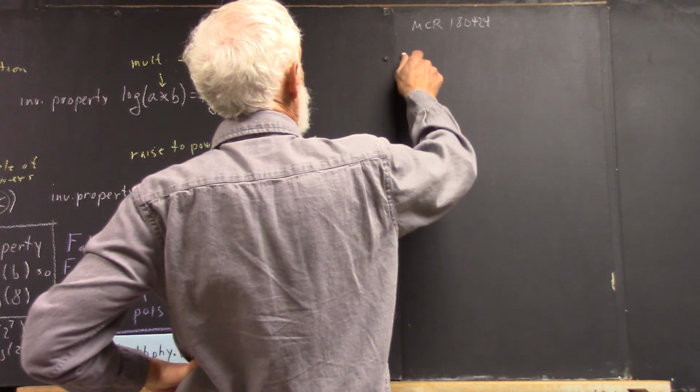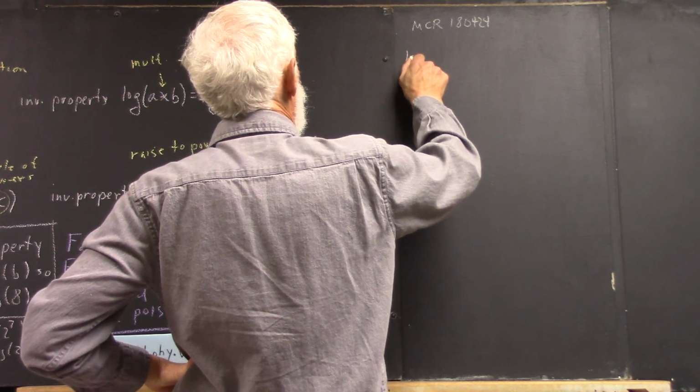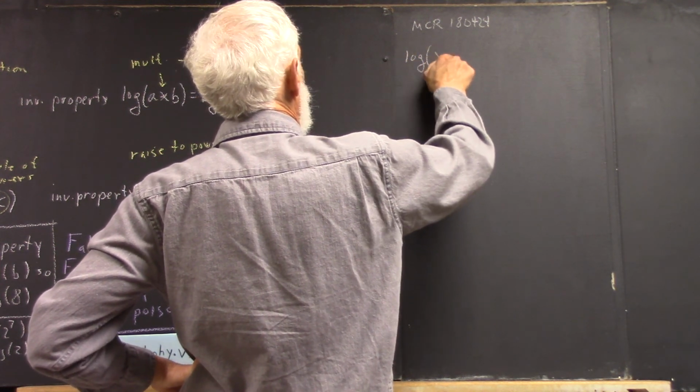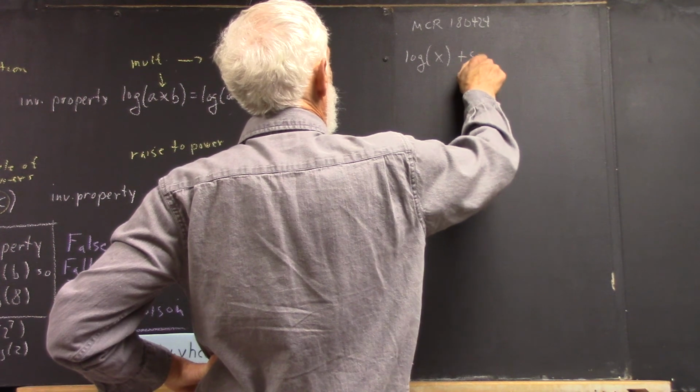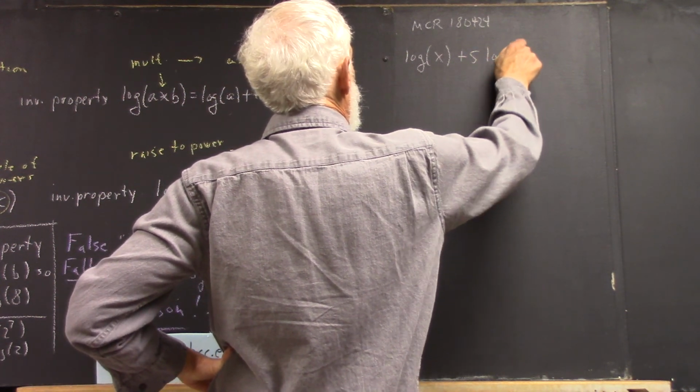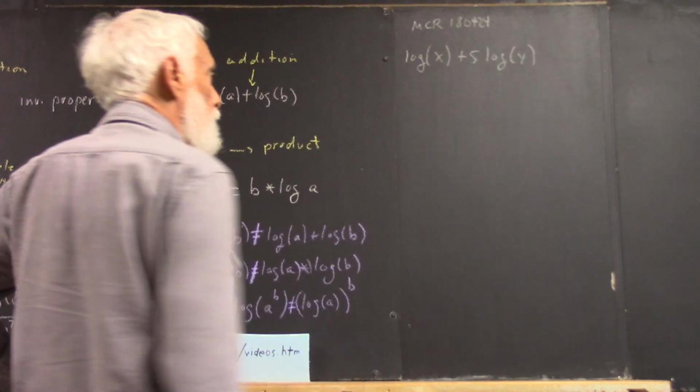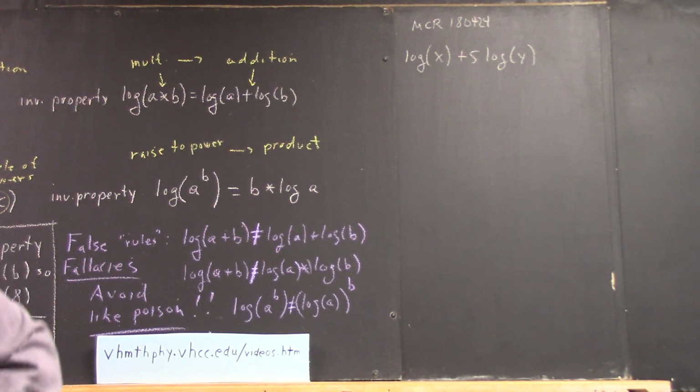Let's say we have the expression log of x plus 5 log of y. Log of x. So can you apply any of the rules to that expression? Yeah. Log of x times y to the fifth.